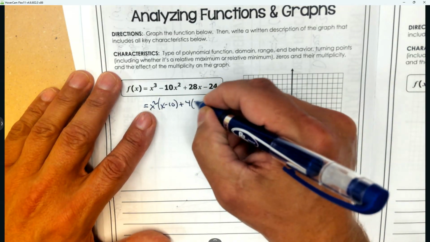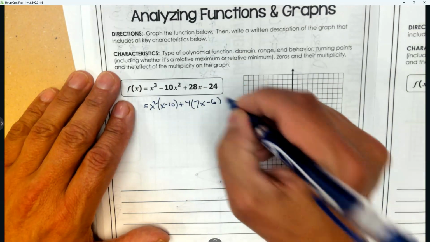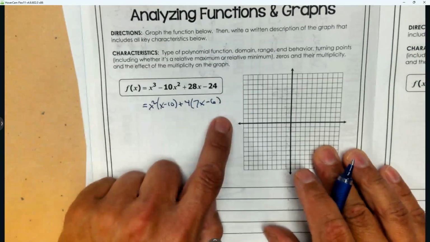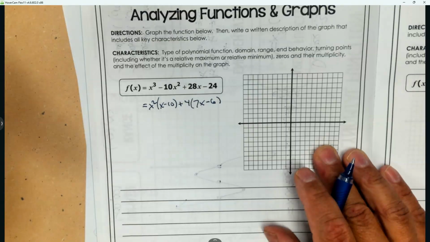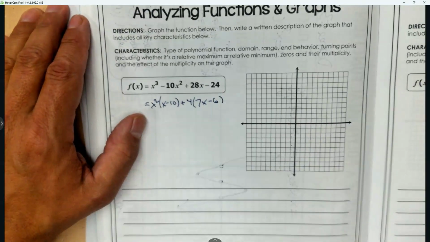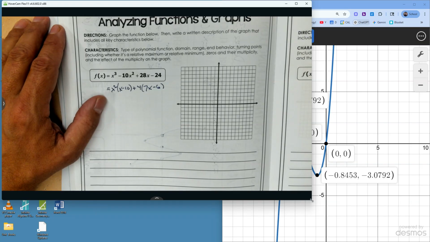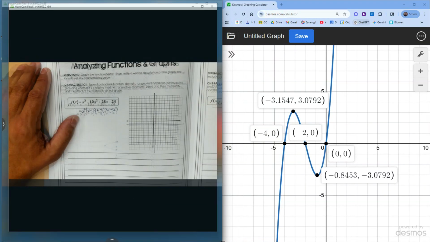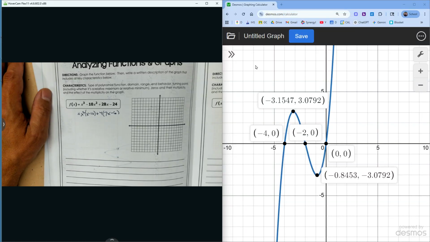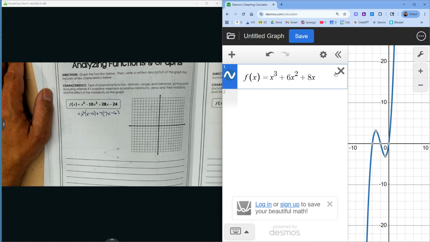It's not going to factor. And the reason it's not going to factor is because these don't match. So I'm going to go right into Desmos and graph it. So let me do that. Let me change this.